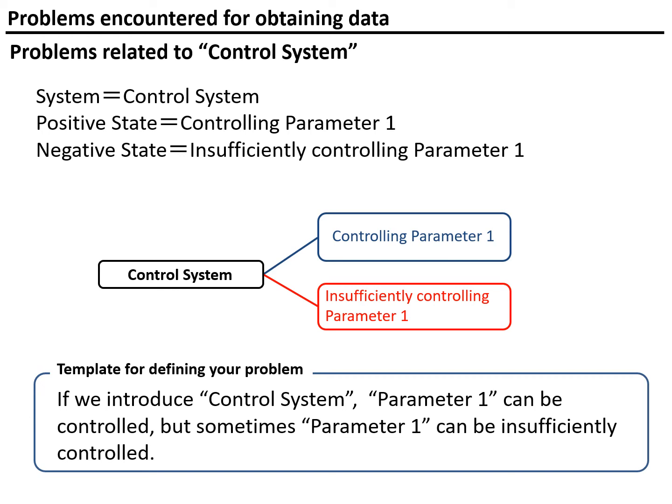The negative state is when you sometimes cannot control parameter 1 as you want. In such a case, we describe the situation as insufficiently controlling parameter 1. So we can define a problem which you could encounter in obtaining data by using this template: if we introduce a control system, parameter 1 can be controlled, but sometimes parameter 1 can be insufficiently controlled.